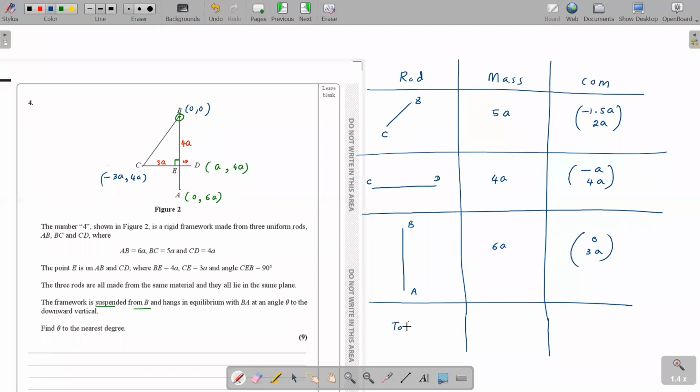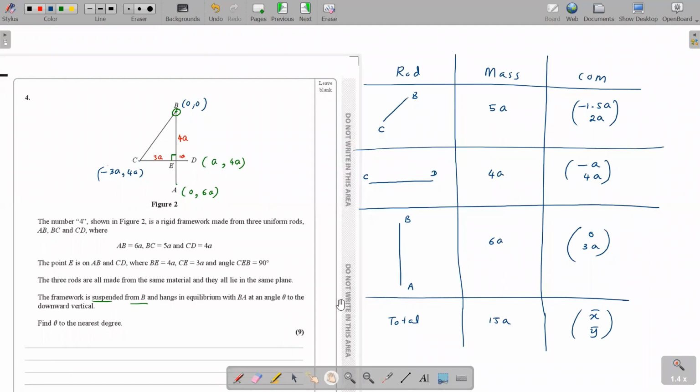Finally, let's get the total framework. The total framework mass is the sum: 5, 4 is 9, 9 plus 6 is 15a. The center of mass coordinates are x bar, y bar. Remember, I have used B as 0, 0, therefore I am getting my center of mass coordinates from the point B.